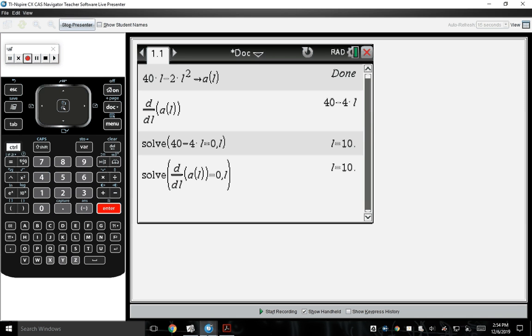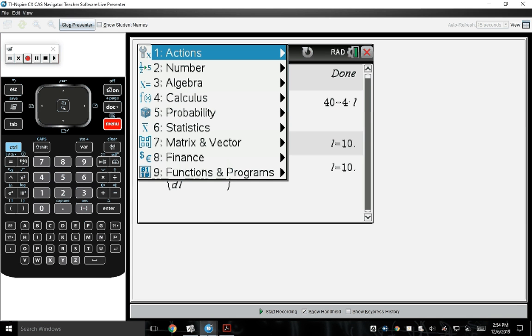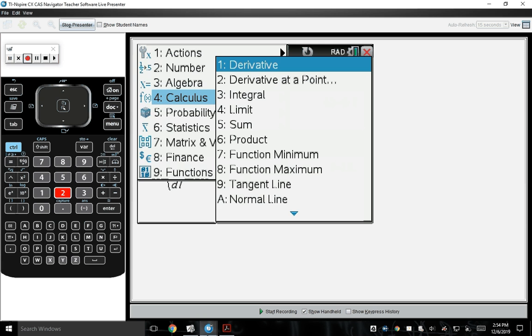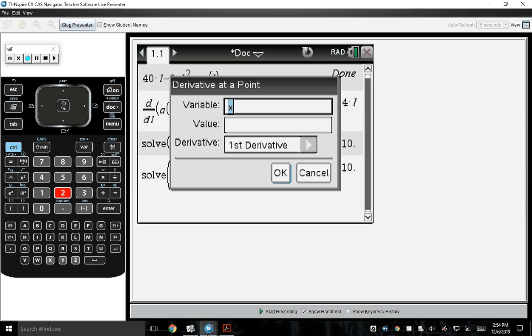So I'll go over here and press menu 4 for calculus, 2 for derivative at a point. What's my variable? L. What value can we put? 10. Not 10. 9. We're going to put 9. We're going to put something to the left of that critical point. So we're going to test 9. And we're going to do the first derivative.